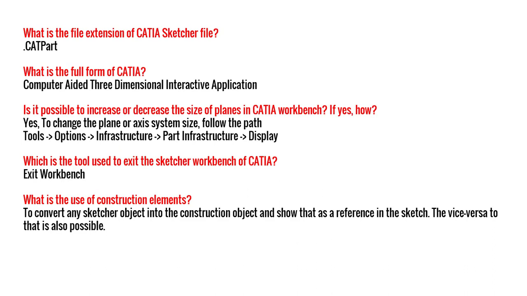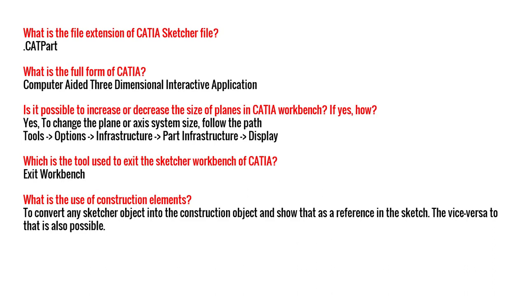Yes, I can convert a reference element into an object, and vice versa. A line can be converted into a reference line, and similarly a reference line can be converted into an object line, or any other spline, circle, whatever, any other shape, any other profile. Vice versa is possible, just to use that particular entity as a construction object, as a reference object, not as a part of a sketch.